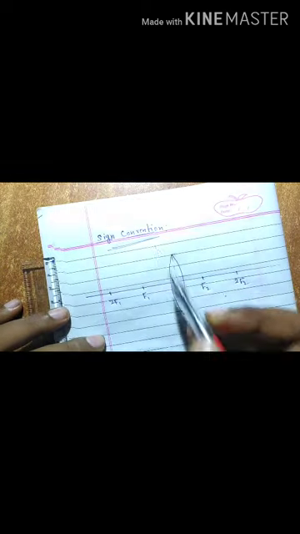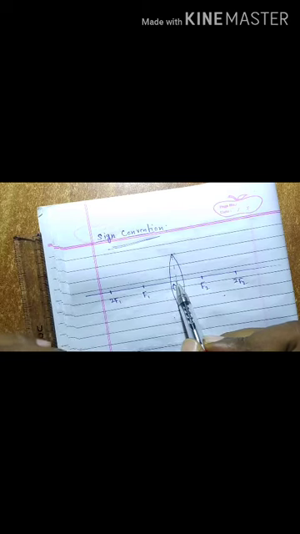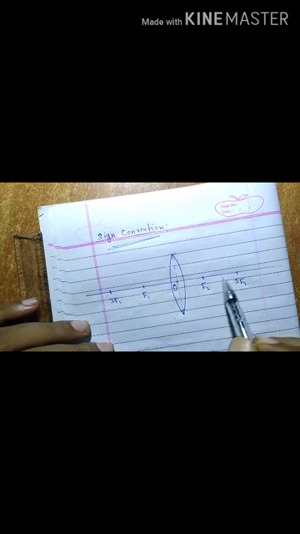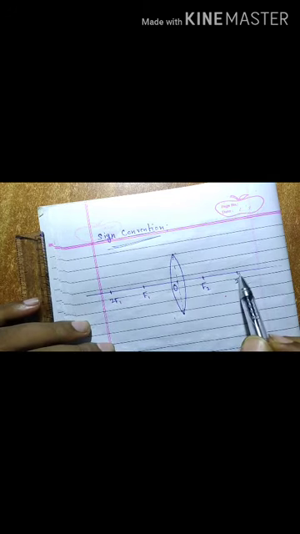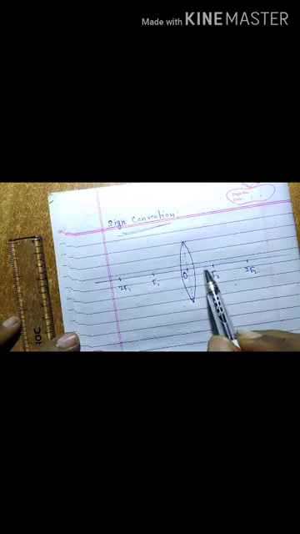Your next topic is sign convention. Actually, we are going to study Cartesian sign convention. Okay. So optical center O is taken to be the origin. Remember, optical center O is taken as origin, and principal axis is taken as frame of reference. So the sign conventions are as follows.